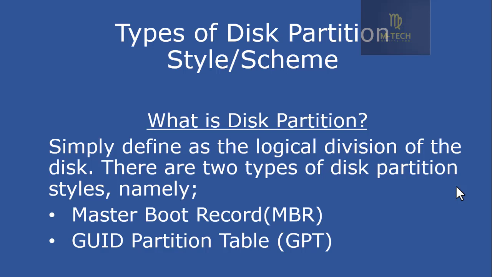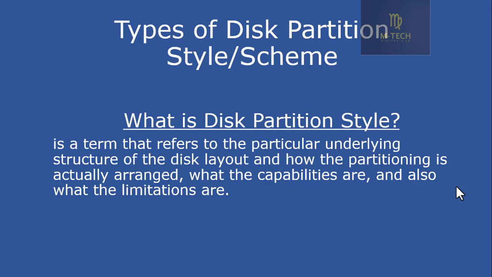So the first one is master boot record, that's MBR, and the second one is the GUID partition table, that's the GPT. So these are the two schemes or styles of disk partitioning that you have to apply when dividing your drive into logical parts or logical divisions.